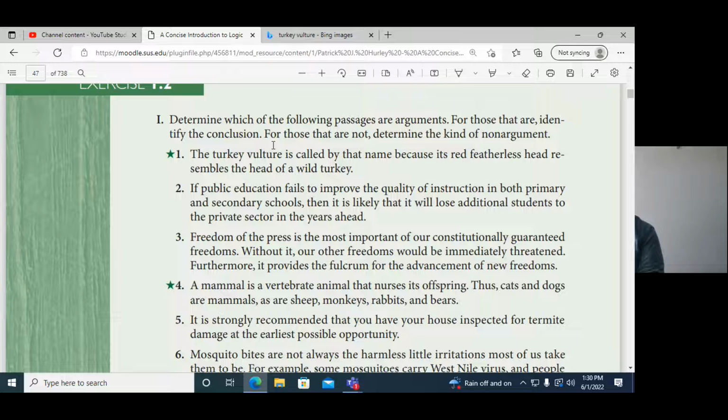But here, is that the statement that's doing the what? Yes, you're right, it's explanation. I paused there in case you wanted to pause the video. I guess I should have indicated that already. But yes, this is an explanation. There's no reason why anyone would have to make an argument about why the turkey vulture is called the turkey vulture, especially once they've seen this picture.